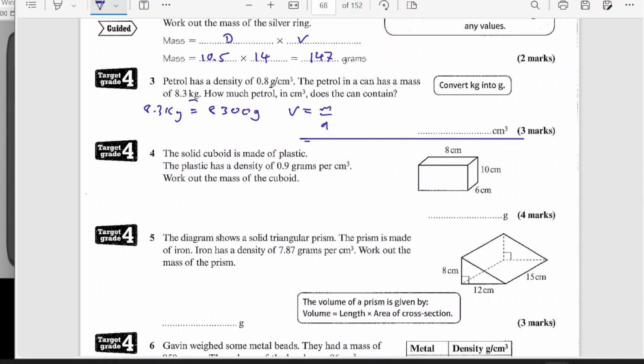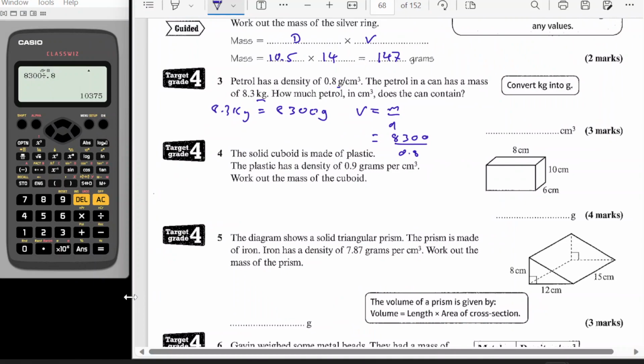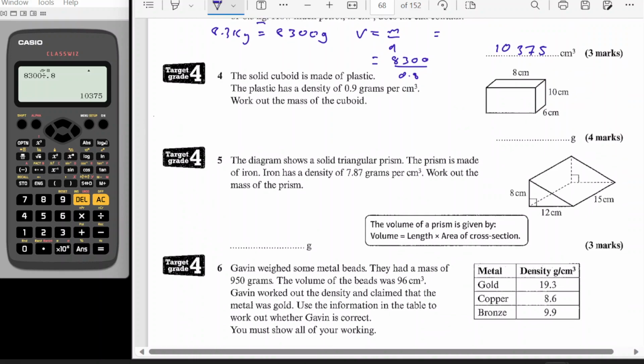So we're looking at 8,300 divided by 0.8, which will give us 10,375 centimeters cubed. We'll go straight to the answer line. 10,375 centimeters cubed.